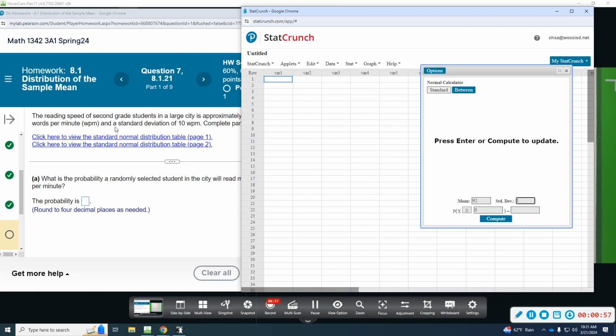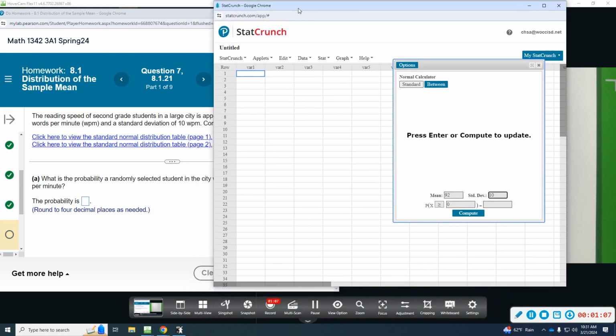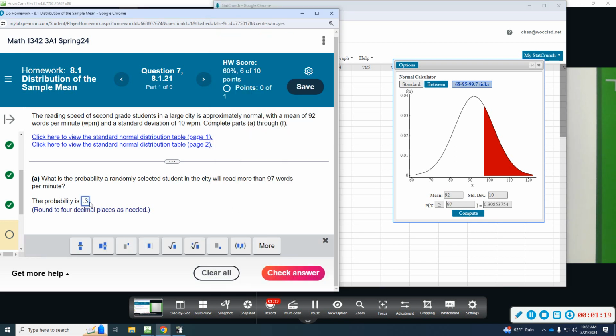Standard deviation was 10. And we want greater than 97, more than 97. Alright, so that gives us 30.85, 4 decimal places, 0.3085.